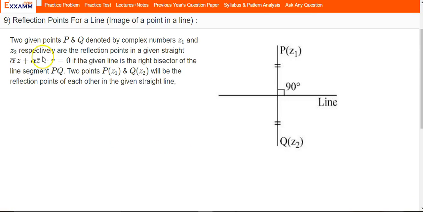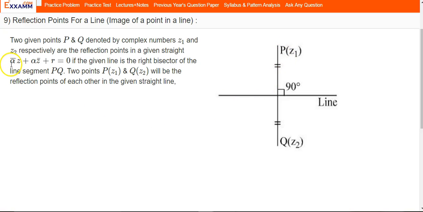So we can write that if two points P and Q denoted by complex numbers z1 and z2 respectively are reflection points against this line, then their middle point would lie on this line, and this line would be the perpendicular bisector of the line joining P and Q because of the property of mirror image. So this line becomes the perpendicular bisector if Q is the mirror image of the point P.